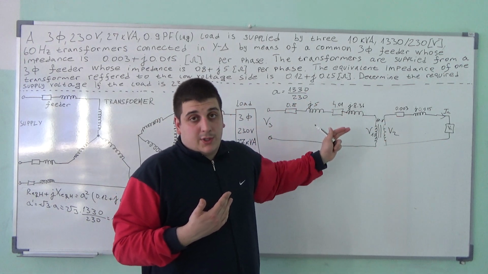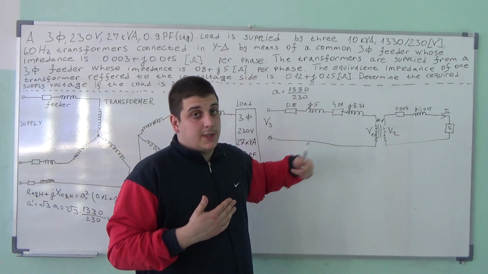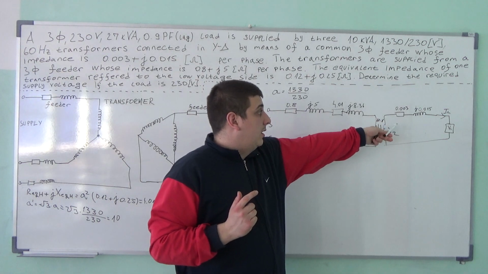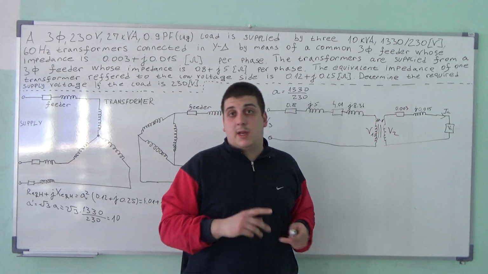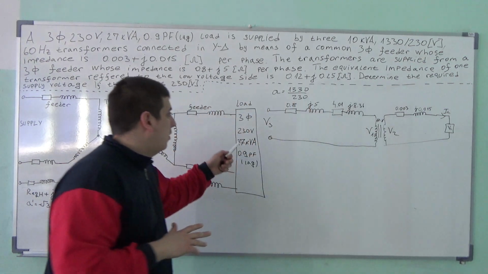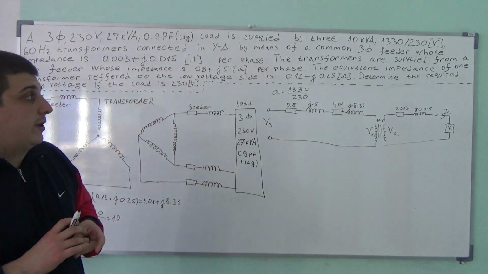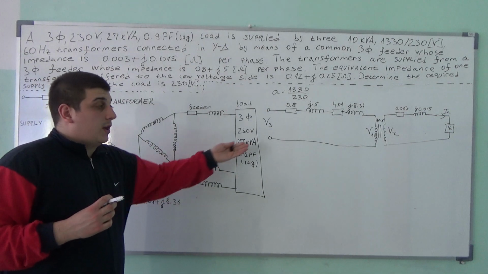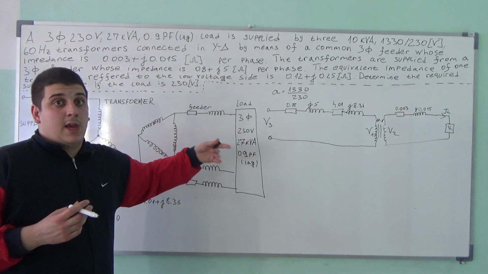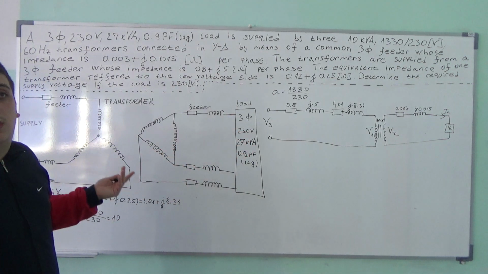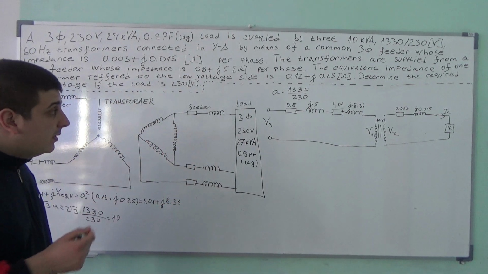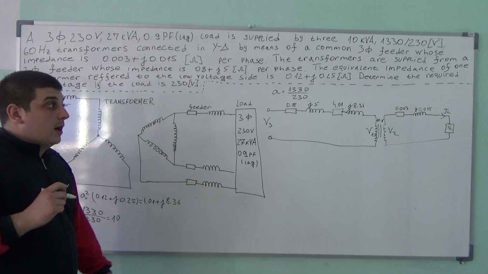We can do it on the high voltage side, but it is easier on the low voltage side, because we know VL, I'm going to show you what VL is, and we know the current, because we have the apparent power. We can easily calculate Vs, referring to the low voltage side, and because we know the turns ratio, we can bring it back to the original value.